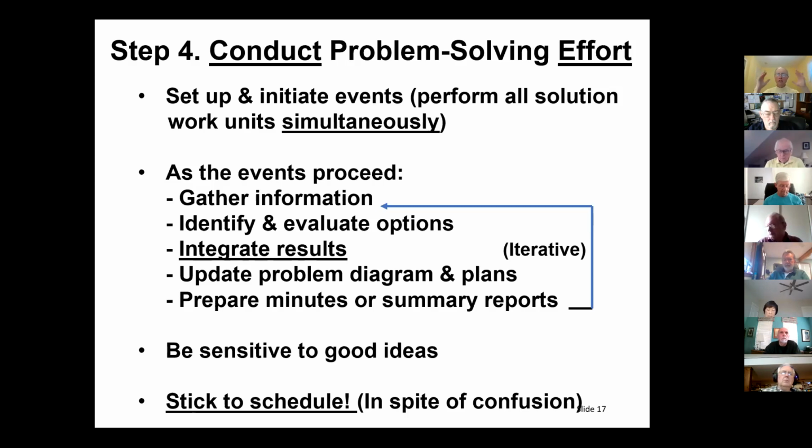Our mind has this ability to integrate very complex things over time. So we find that rather than stop and dwell on some piece of confusion, it's best to just keep going, stick to the schedule, and essentially you'll work your way out of it.